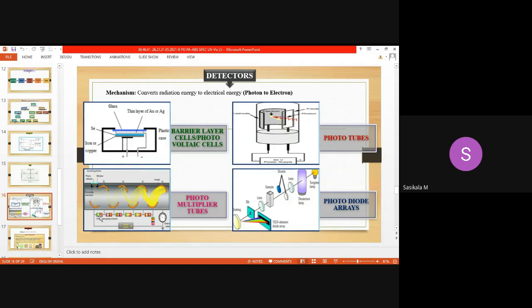You can observe the bands, how it is increasing or multiplying. The multiplied signal will be converted, detected by the detector, and recorded as a spectrum. So you will get the exact change of absorbance or lambda max in the sample. The increased sensitivity is the advantage here.